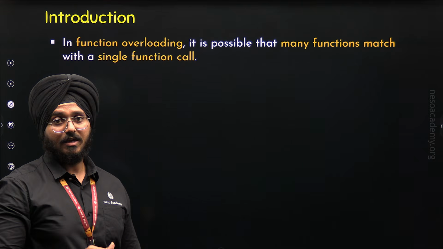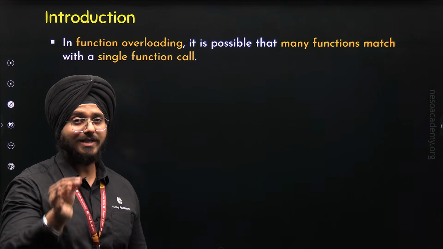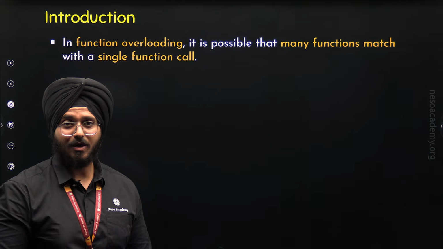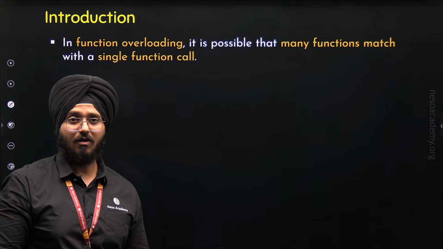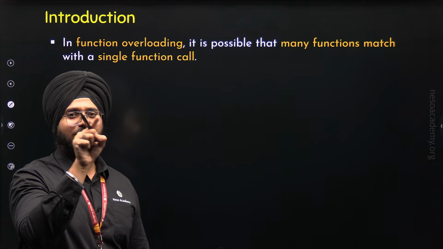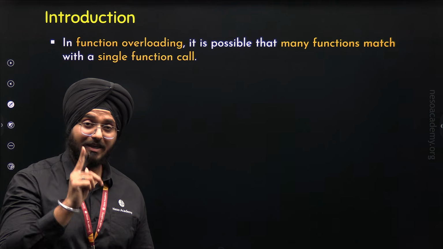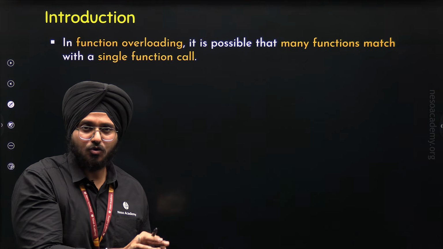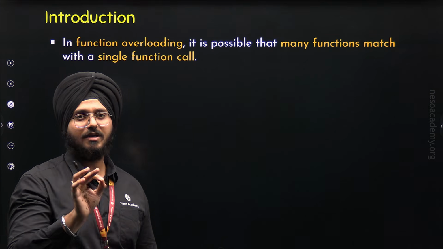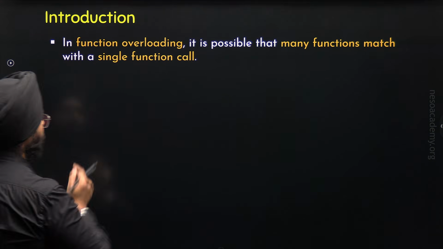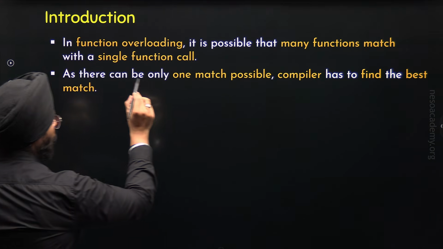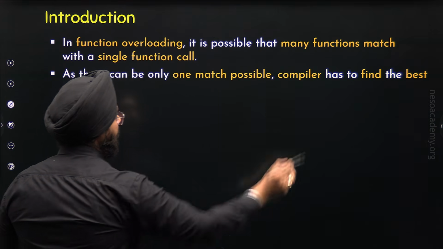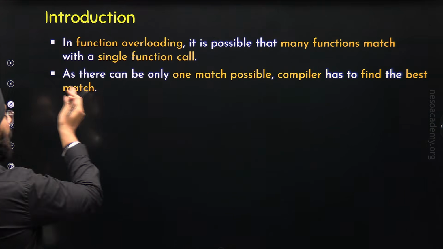If that is the case, then the compiler has to find the best match, because a specific function call can only match with a specific function definition. There can be one match possible, and hence a function call can resolve to a specific function definition. That's the second point. As there can be only one match possible, the compiler has to find the best match.